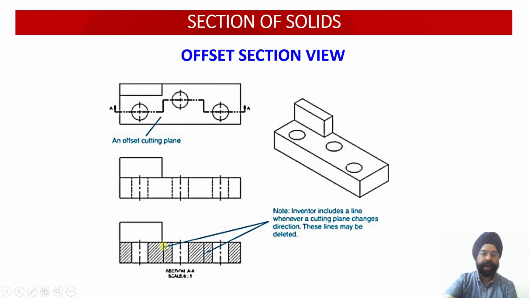Wherever there is bending of this cutting plane, we can mark a vertical line in this view just to show that this cutting plane is not straight. So there is an offset section in this cutting plane which is going to reveal where it is bending.